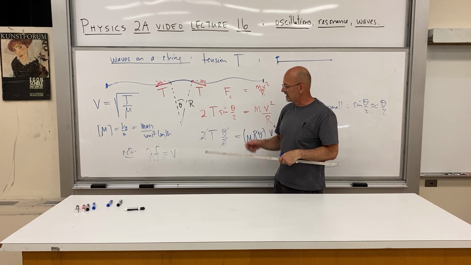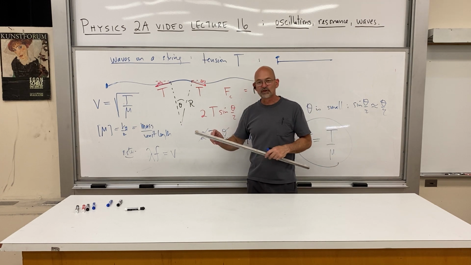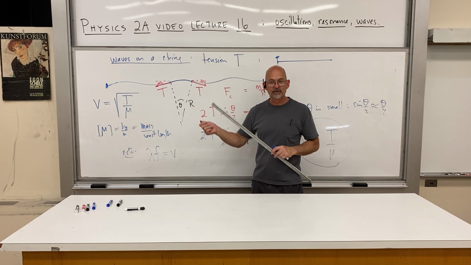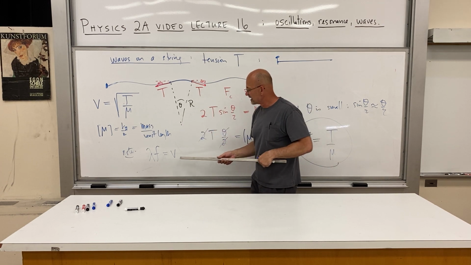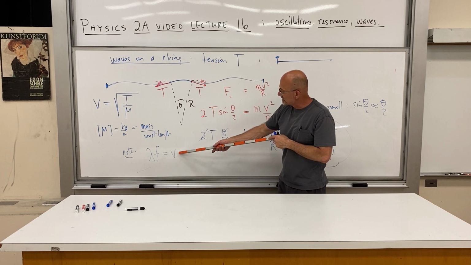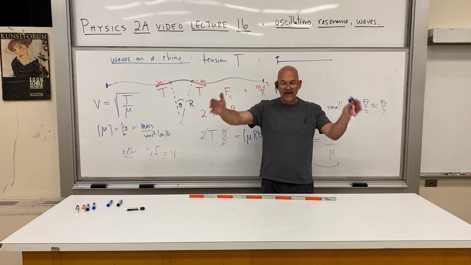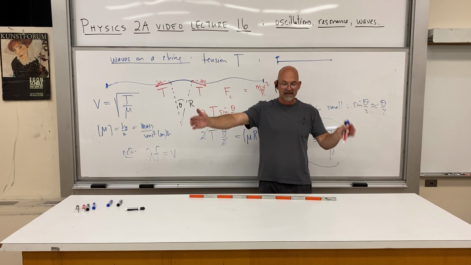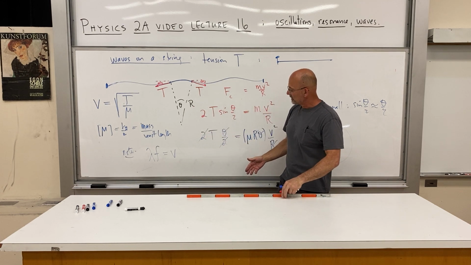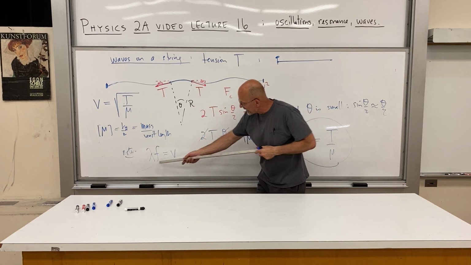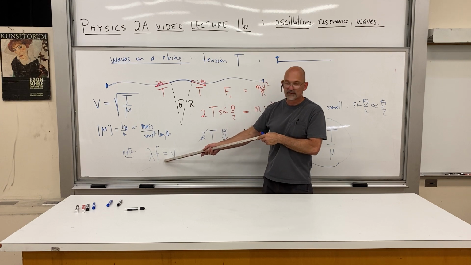If you have a musical instrument and you put more tension in the string, the pitch goes up, because you're increasing the speed. The lambda stays the same because the length of string is staying the same. So you're increasing v, lambda staying the same, and therefore you're increasing the frequency, which is the pitch.